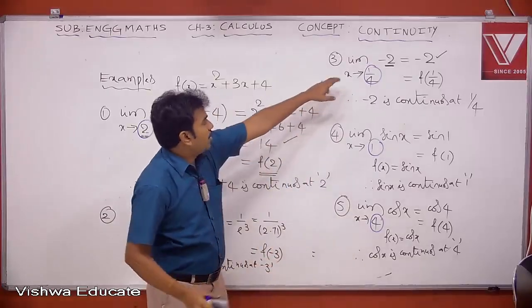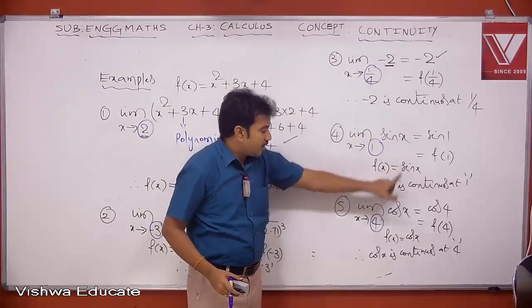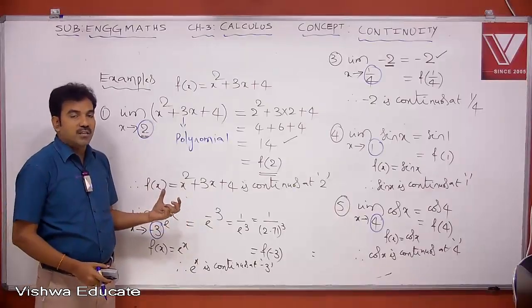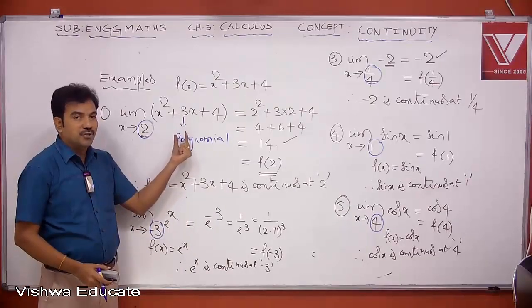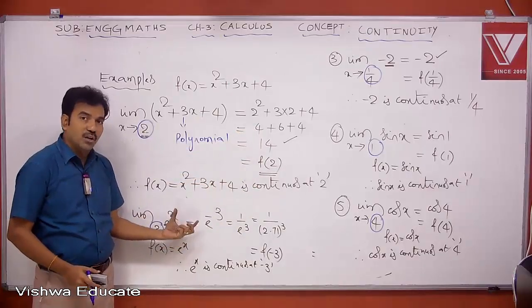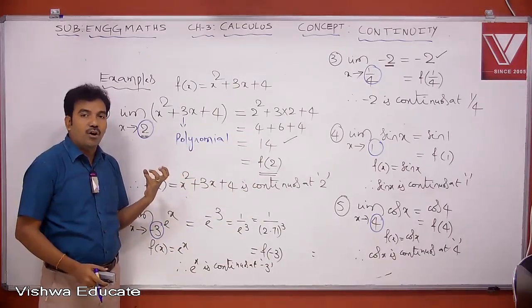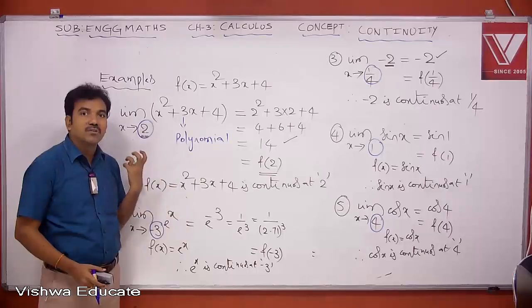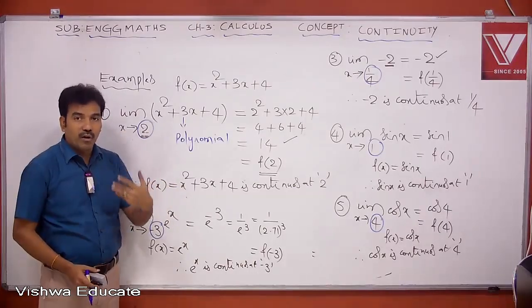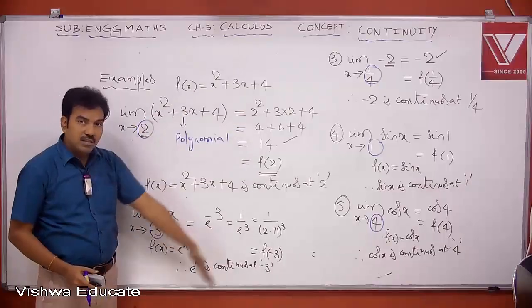Then we have a constant function, the sine function, cos, and the exponential function. So my conclusion is that all polynomial expressions, constant functions, sine function, cos and exponential functions are continuous at all points in the entire real number system. So these are very powerful examples. Before writing this conclusion, note down all these examples.